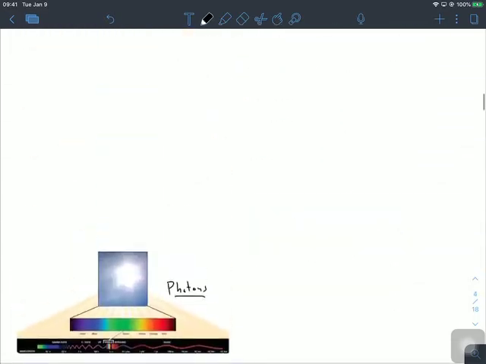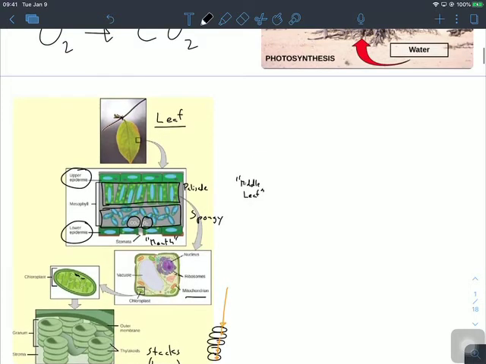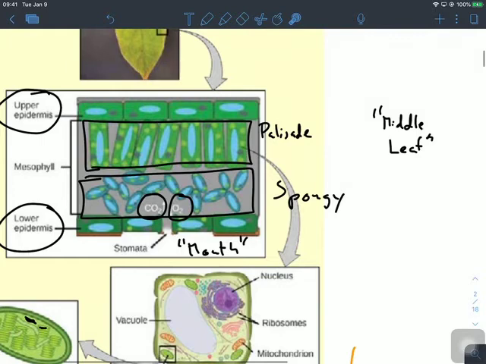Plants that have rubisco binding to oxygen 25% of the time keep their stomata open as long as they can so that way more CO2 is coming in and more oxygen is leaving. That's how they keep that rate of photorespiration down. They keep their stomata open. But just like you, what would be the cost of keeping your mouth open all day long?